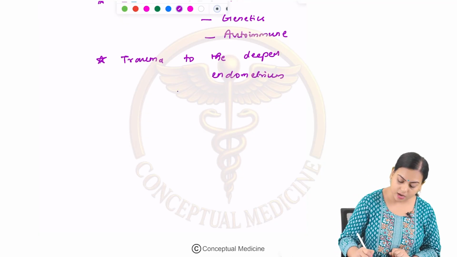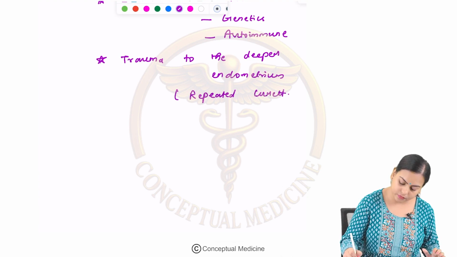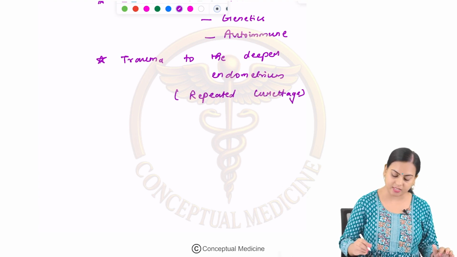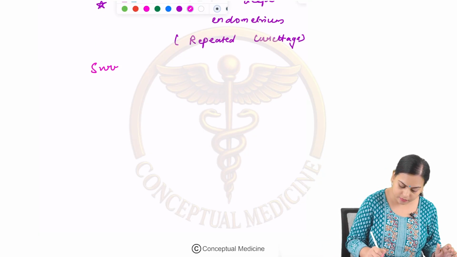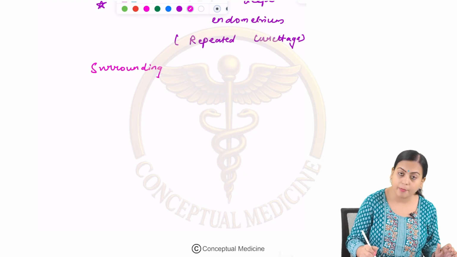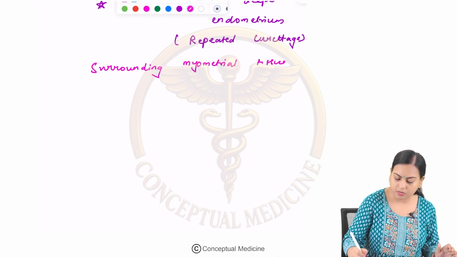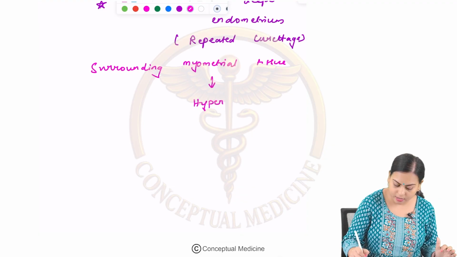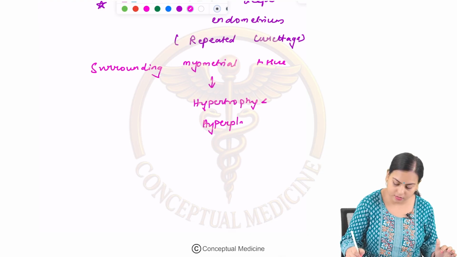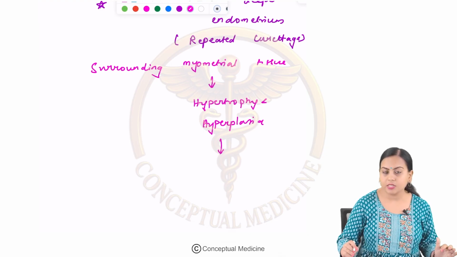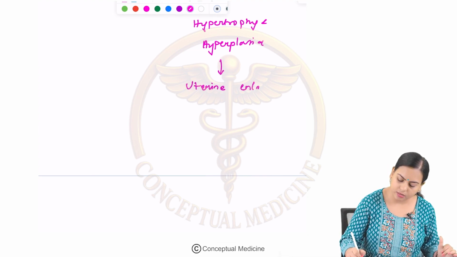Yes, when there is repeated curettage. Clear? Yes. Now, the surrounding myometrial tissue undergoes hypertrophy as well as hyperplasia, and this will give rise to uterine enlargement.